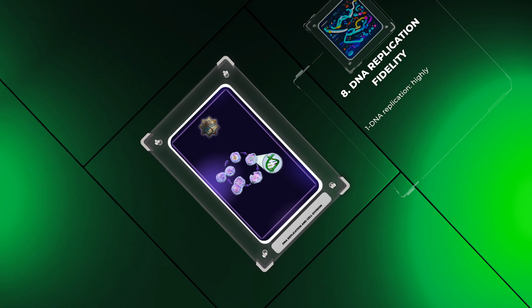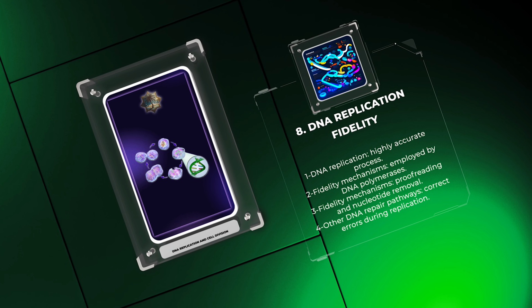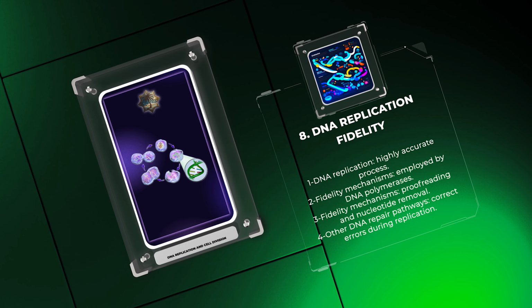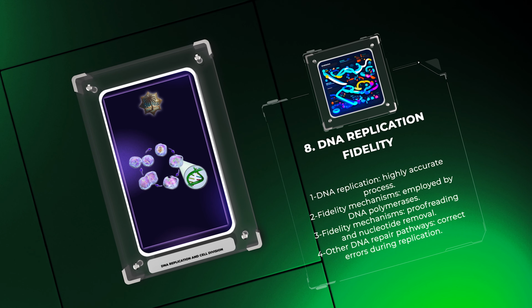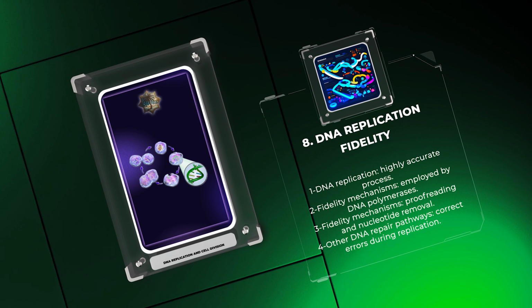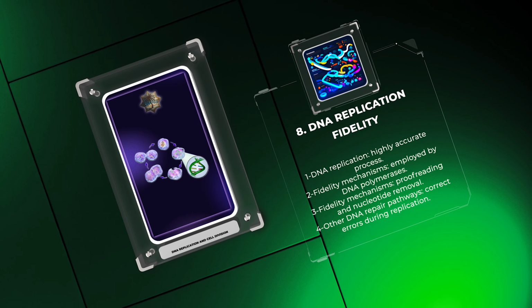DNA replication is a highly accurate process, thanks to the fidelity mechanisms employed by DNA polymerases. These mechanisms include proofreading during synthesis and the ability of DNA polymerases to remove and replace incorrect nucleotides. Additionally, other DNA repair pathways actively correct errors that may occur during replication, ensuring the integrity of the genetic material.